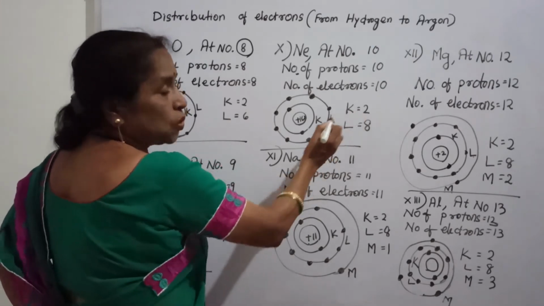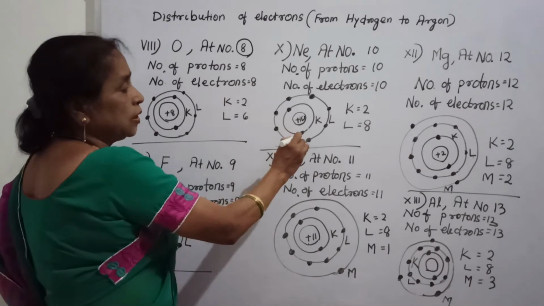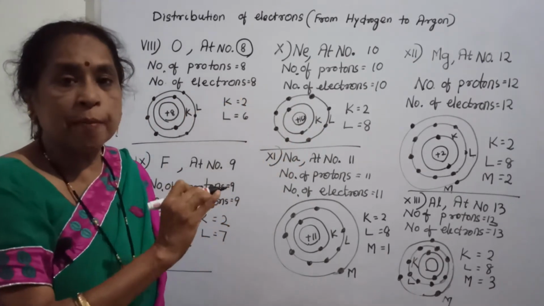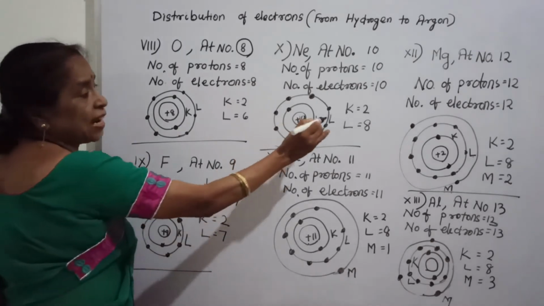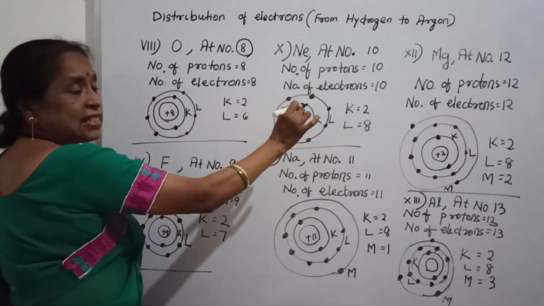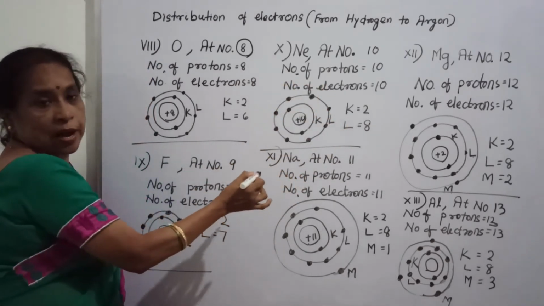So K has 2 electrons, L has 8 electrons. I told you the outer shell always contains the maximum number of electrons, that is 8. So L shell contains 8 electrons and K shell has 2 electrons. But after that you will see what happens.